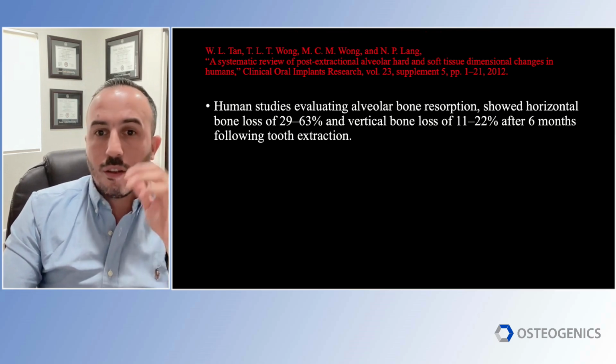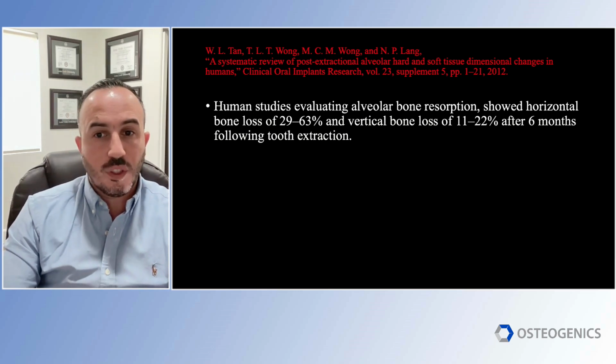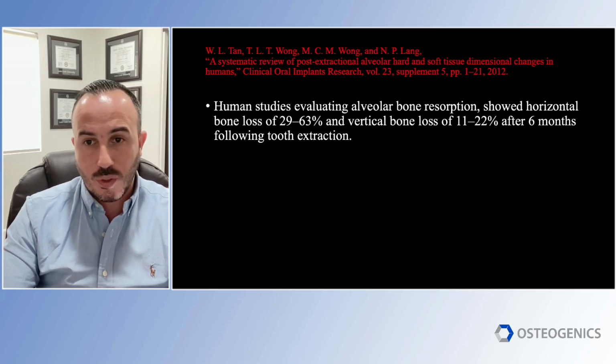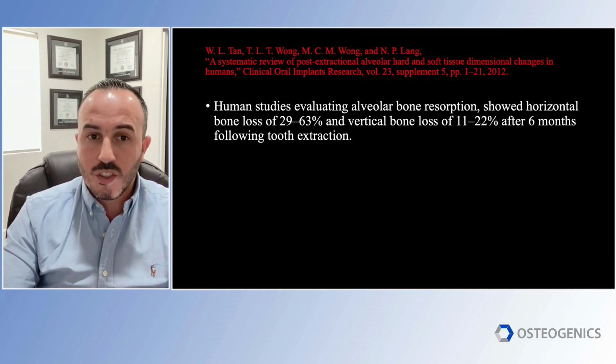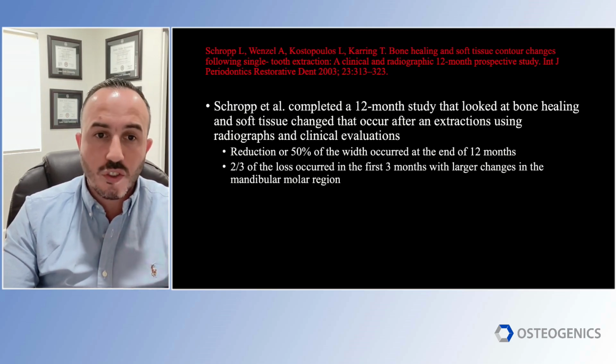Tan et al. did a systematic review looking at the data that we have, and we see 29 to 63% horizontal bone loss after we extract the tooth, and 11 to 22% vertical bone loss, by 6 months after the tooth extraction. That's a lot of change in the hard tissue component, which will be followed by losing the soft tissue component too.